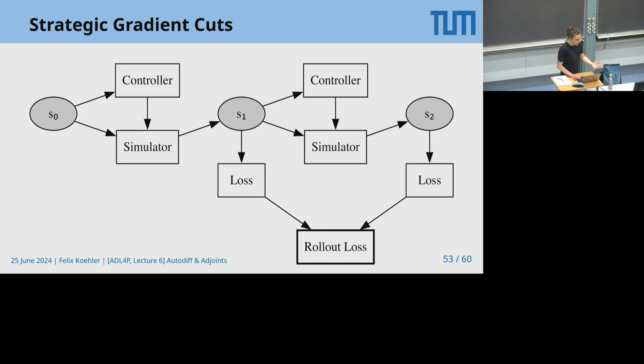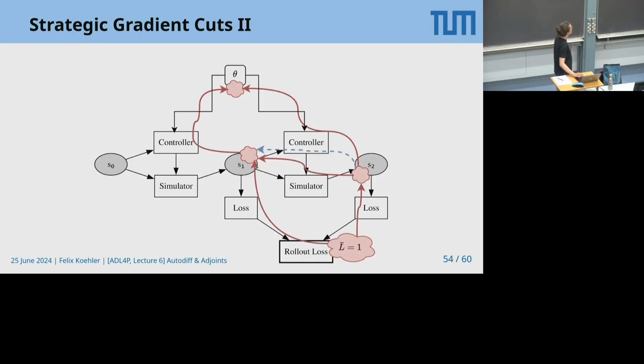If you do the reverse pass over that compute graph, you might get an image like this, where you start again at the end, at the loss, with L bar being 1. Then you have a direct contribution into the parameter space of the network through the first state, a direct contribution through the second state, and then there is the so-called backpropagation through time taking place.